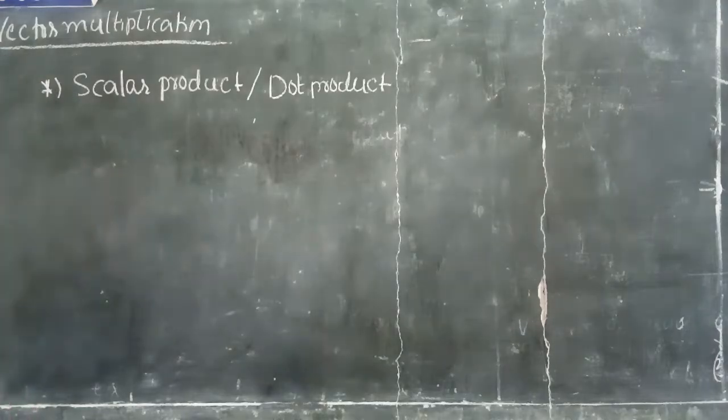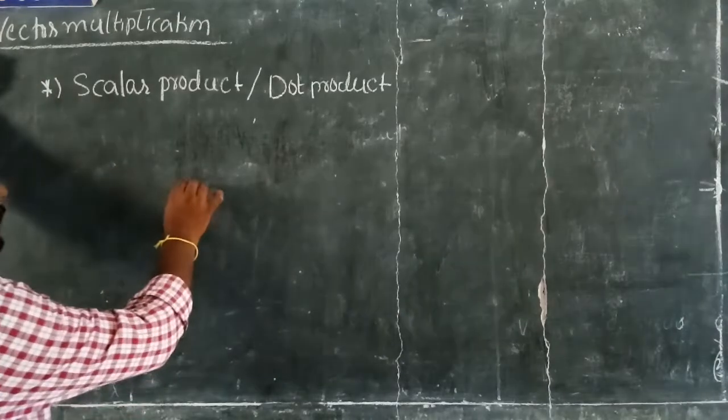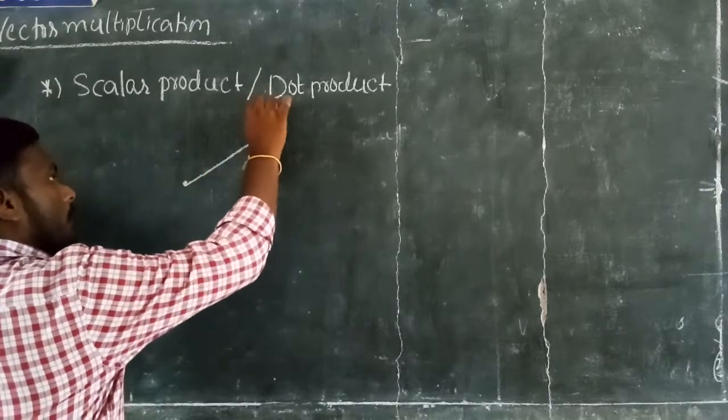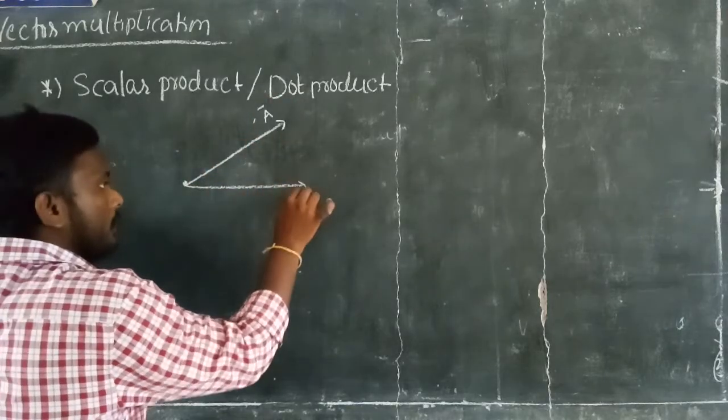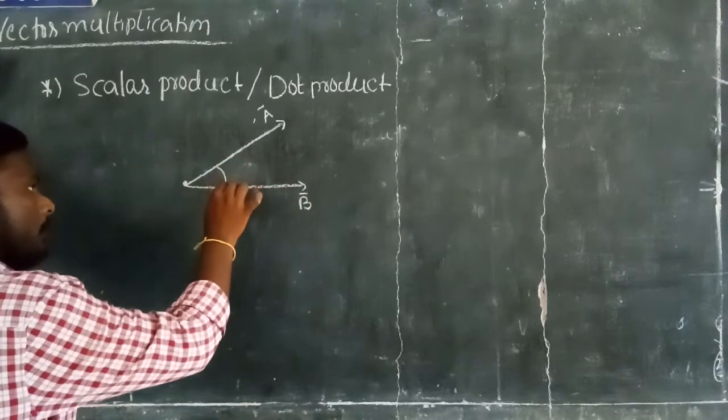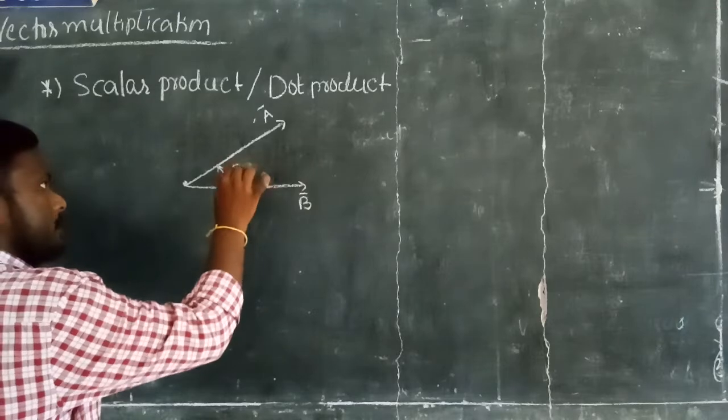It is defined like this. Suppose you have two vectors, A bar and B bar, and the angle between A bar and B bar is theta.